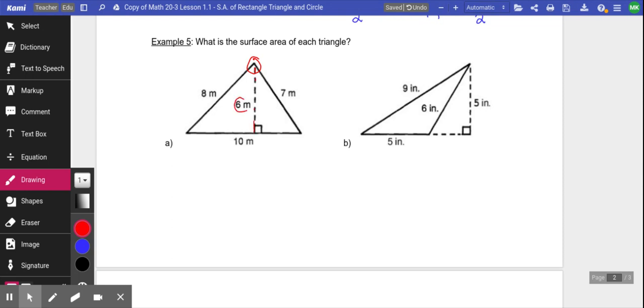So 6 is my height. Is the height always dotted? It should be. It'll always be like that line that's kind of cutting through somewhere. If I can figure out where the height is, it'll connect to the base. So for instance, this one connects straight down to this line right there. So that means my base is 10.